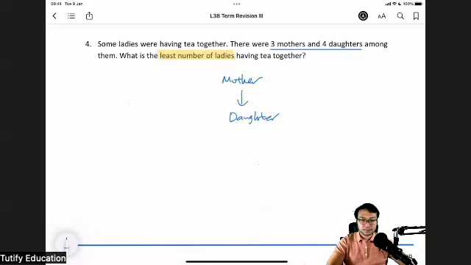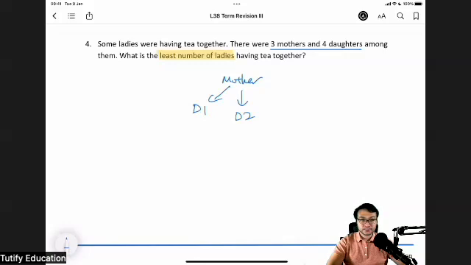No. So what can I do to make there be 3 mothers and 4 daughters? Who else should I bring into the room? Another daughter? Okay, this daughter number 1, this daughter number 2. Now there's 2 daughters and 1 mother.